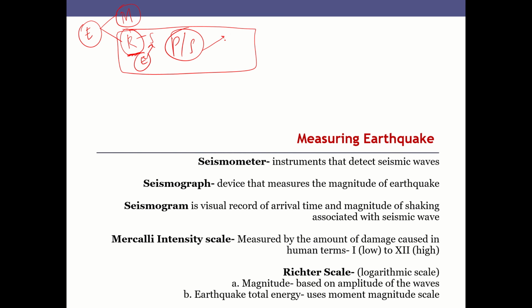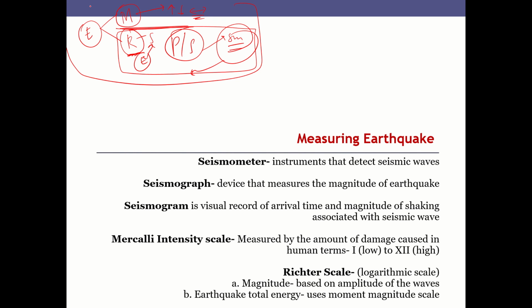The energy which reaches the surface of the earth is called surface waves. That is what predominantly hits the buildings and so on. The movement can be upward, downward, or lateral movement of earth masses.